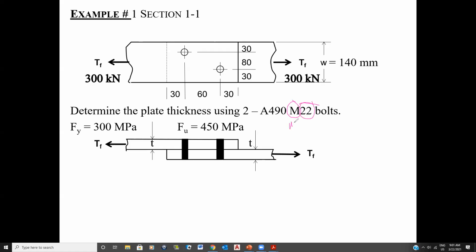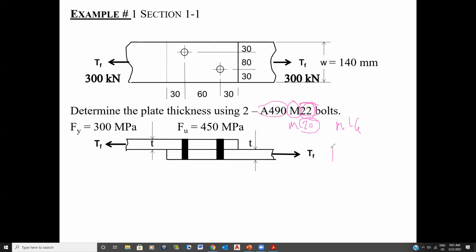So when you put M20, that means it's a 20 millimeter bolt. You have M16 and so on. When we get into bolts, you'll see the different sizes in metric as well as imperial. And like I said, the bolts are still being produced in imperial. So this tells us what our bolt size is, and this tells us the strength of our bolt.